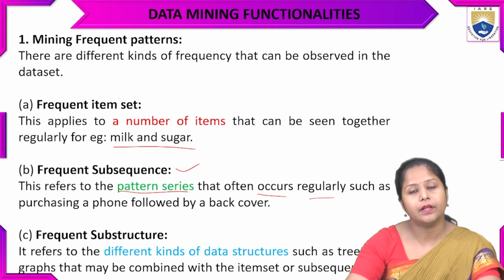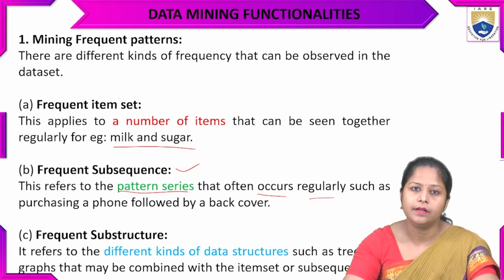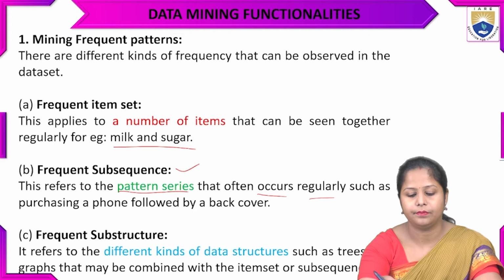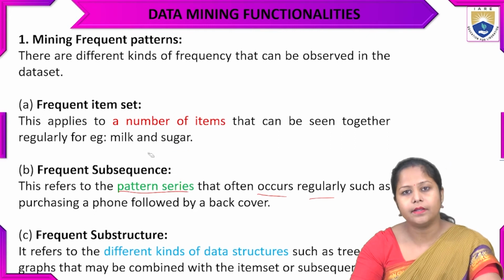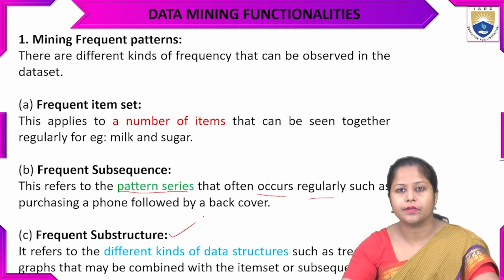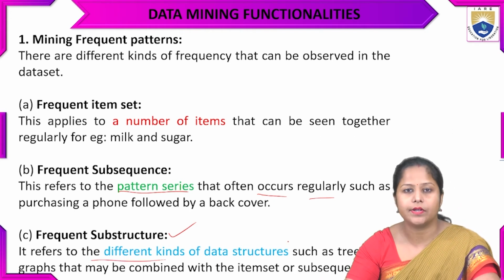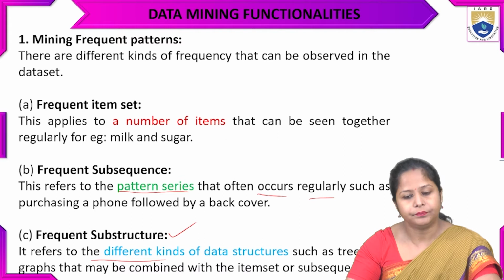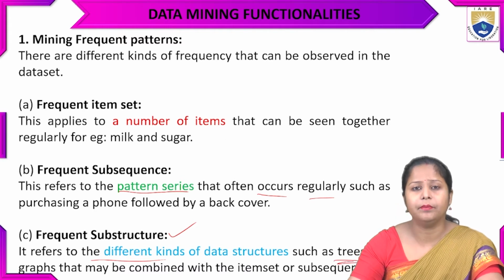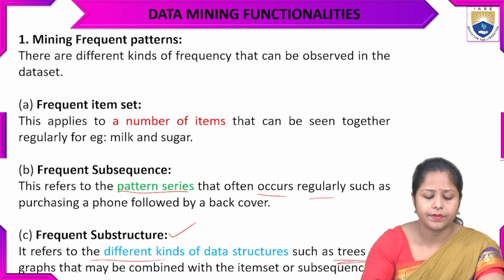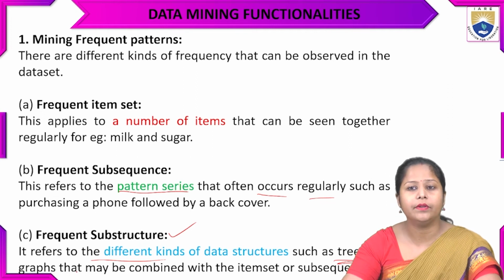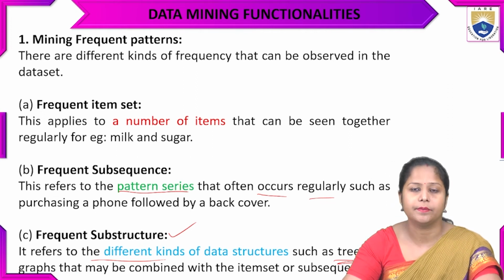So that is a difference also from the item set and subsequence. Another is frequent substructure. It refers to different kinds of data structures, for example, trees and graphs, that may be combined with the item set or subsequence.